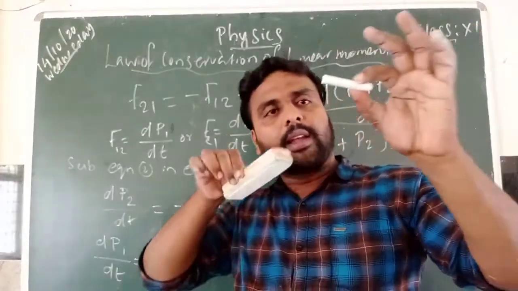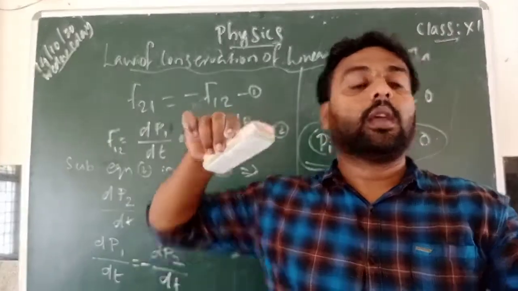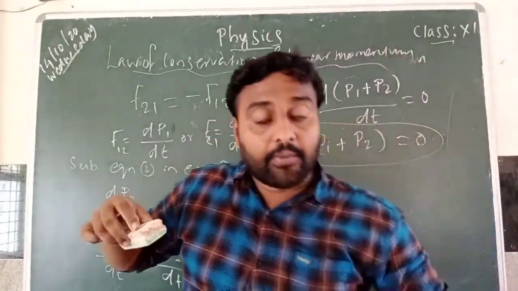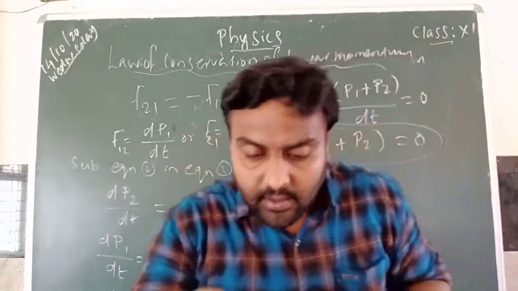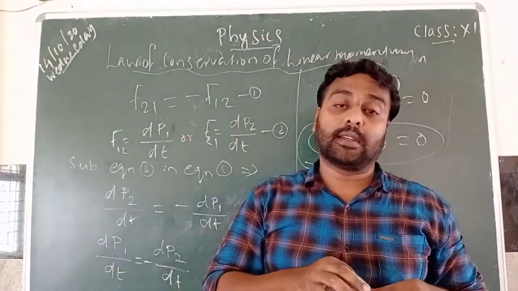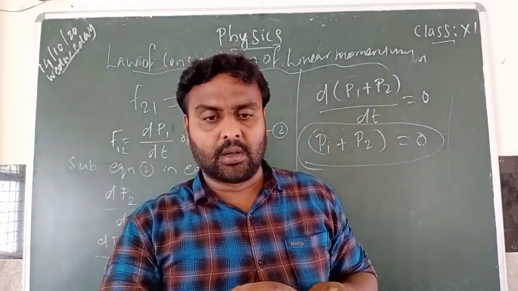Suppose another particle comes and hits. No, this is an external force. If no external force is acting on this system, then the total linear momentum of the system is always a constant vector. You can see the law on page number 131.